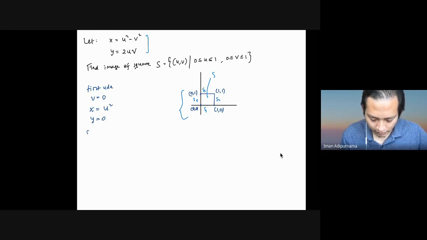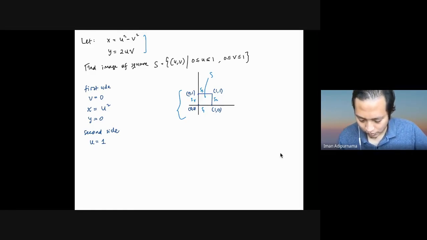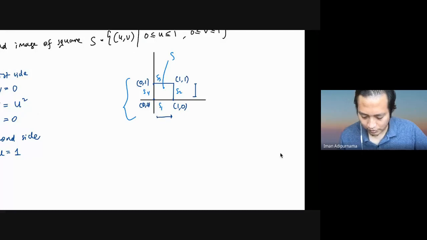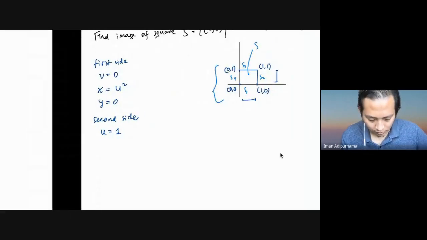And then second side, u is equal to 1. This one. So this is first side, second side. u is equal to 1, and then we can get from the equations, u is 1.